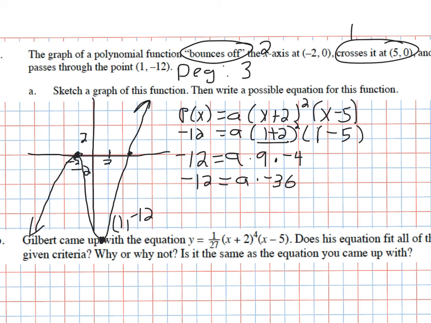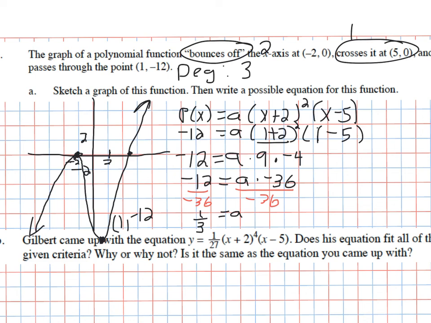Divide both sides by negative 36. And a equals 1/3.